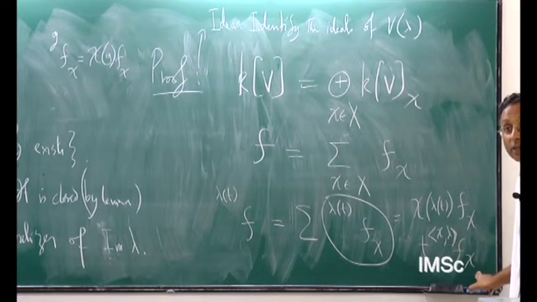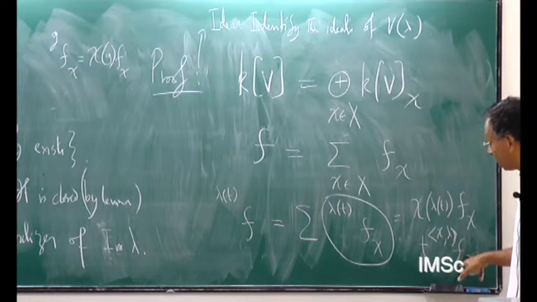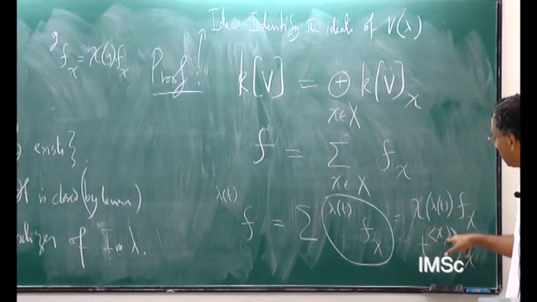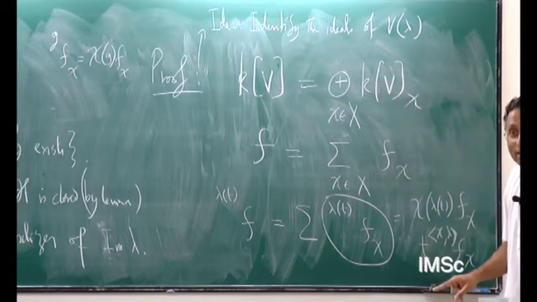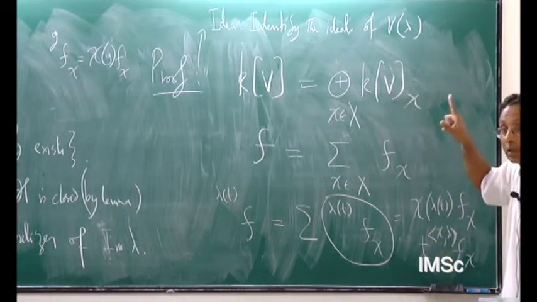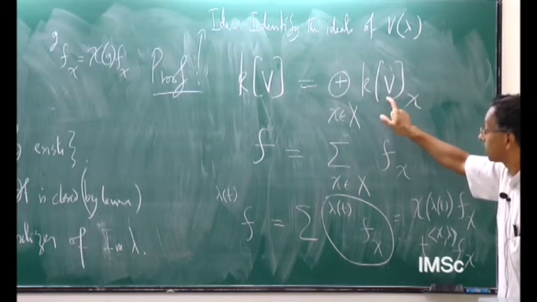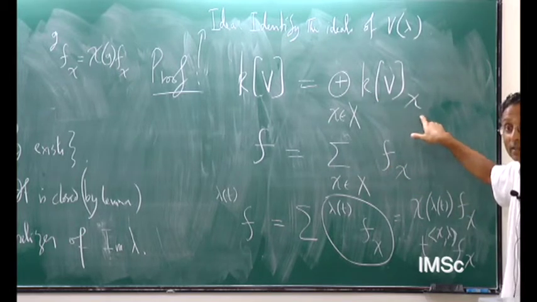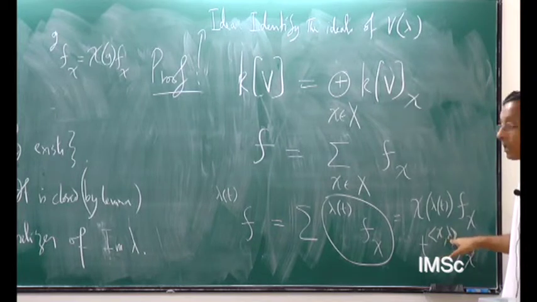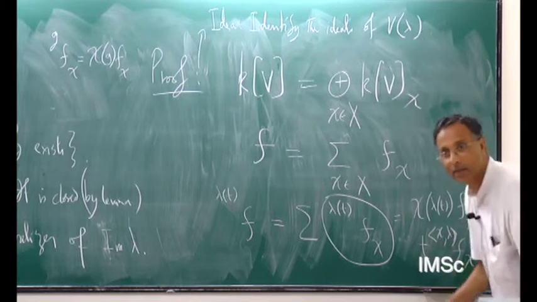Somehow this should take care of that. In other words, you would want this to be 0 whenever the exponent is negative. So therefore the ideal is generated by all those f in k v chi's where chi comma lambda is less than 0. That's the identification.